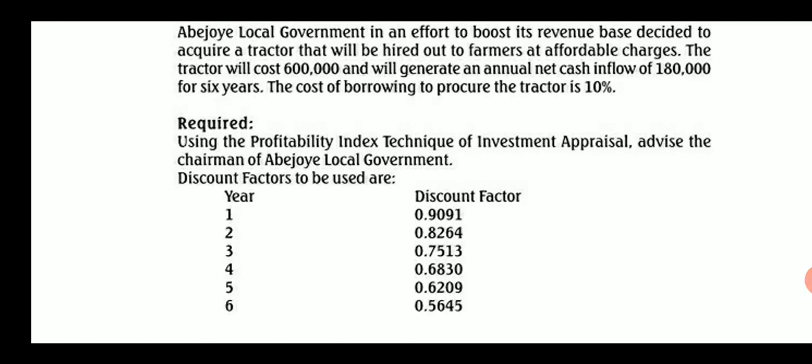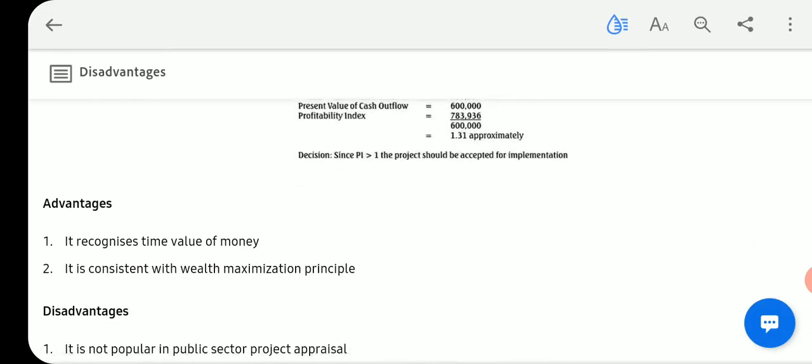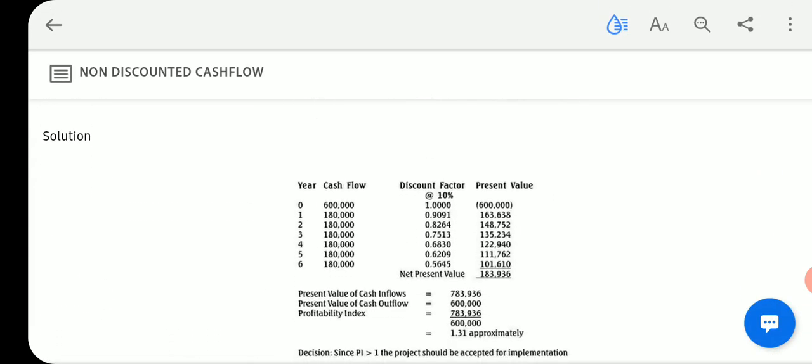That's our initial outlay, and the cash inflow is 180,000 for 6 years. The cost of borrowing to procure the tractor is 10%. Using the profitability index technique, we are asked to advise them. In this question also, our discount factor is given to us. So let's go straight to solve the question.